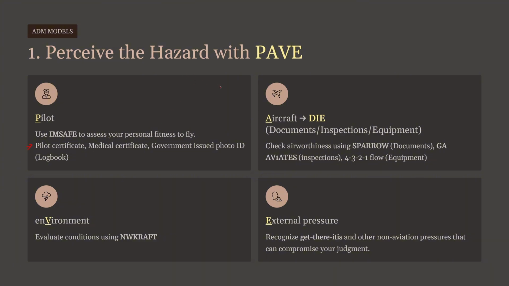A stands for aircraft, meaning the airplane's documents, inspections, and equipment. V stands for environment, such as weather, runway conditions, delays, terrain, and fuel planning. And E stands for external pressures, which can include schedule pressure, passenger expectations, or the desire to complete the flight no matter what.